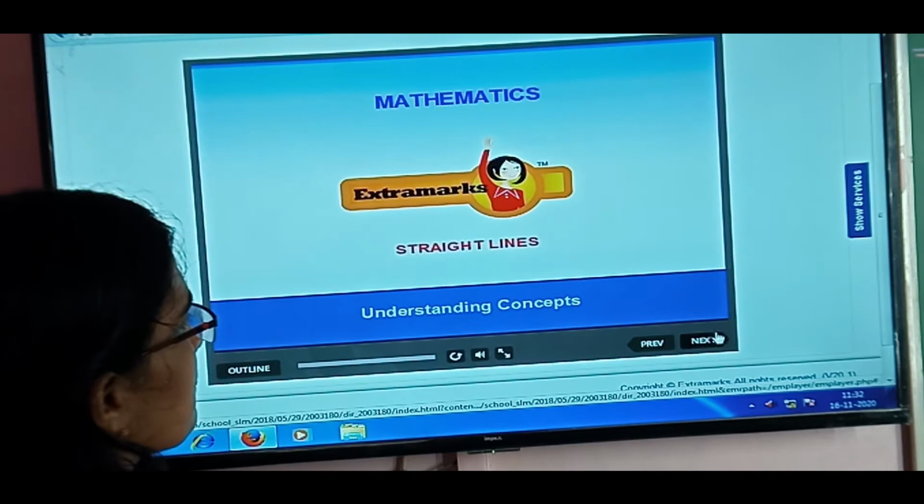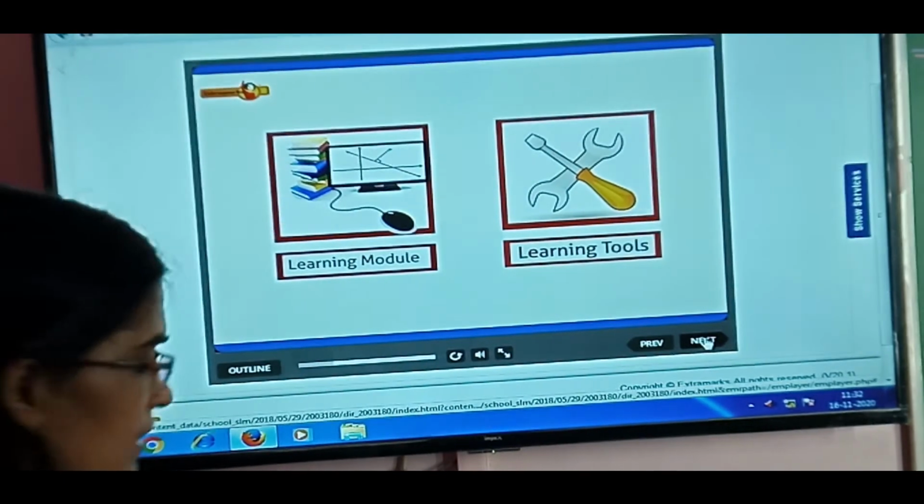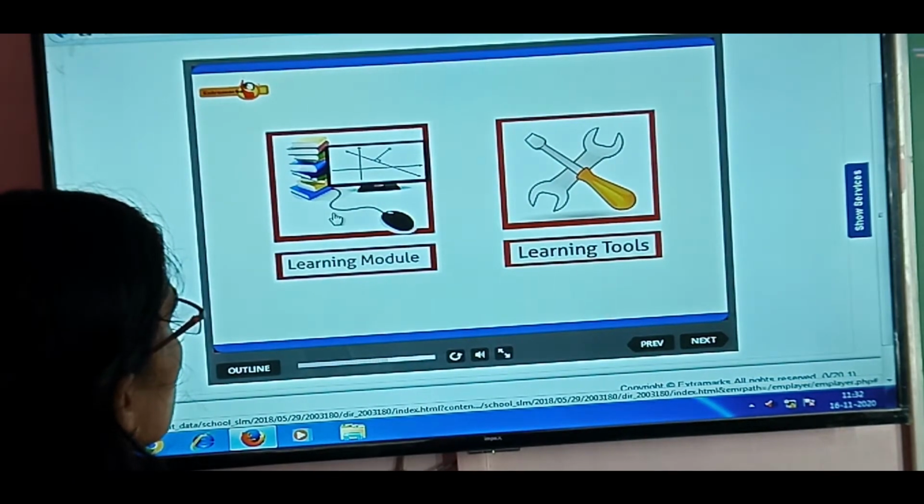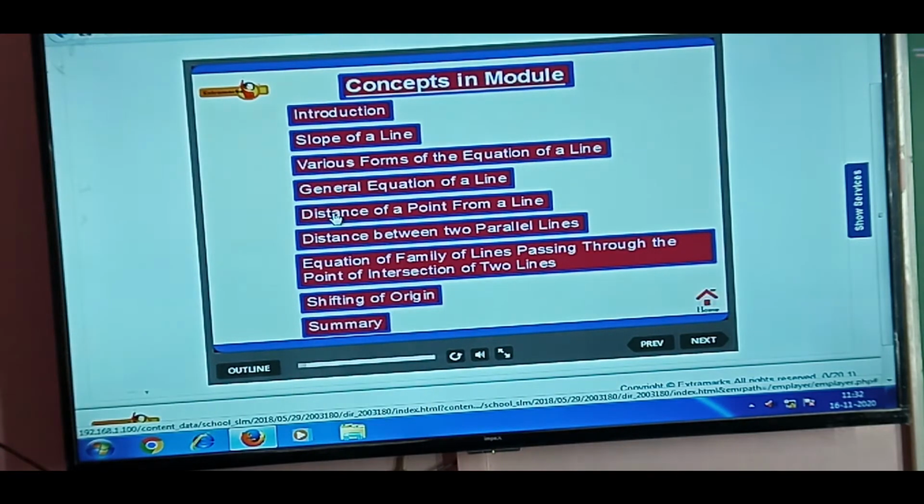So here we have the concept given first. Let us go through. In this module, we will first introduce the concept of straight line by recalling some 2D geometry concepts.